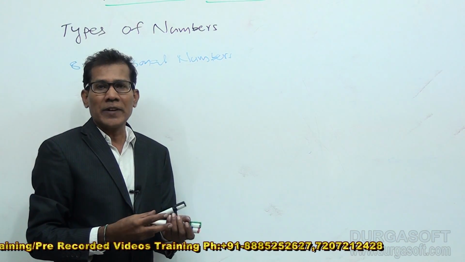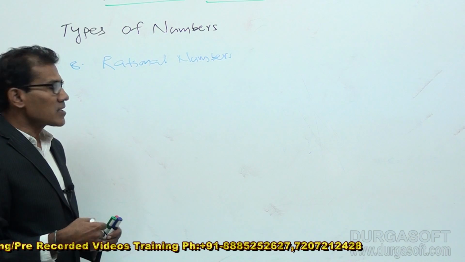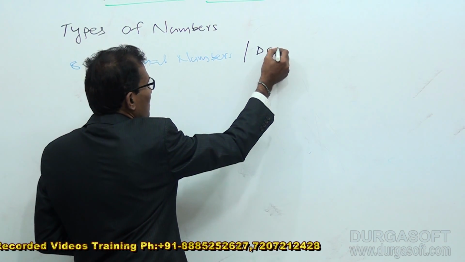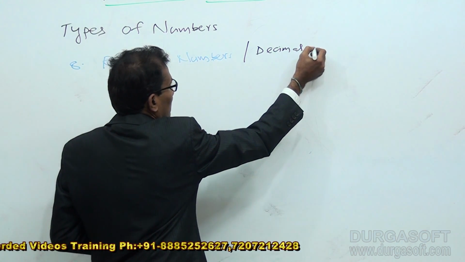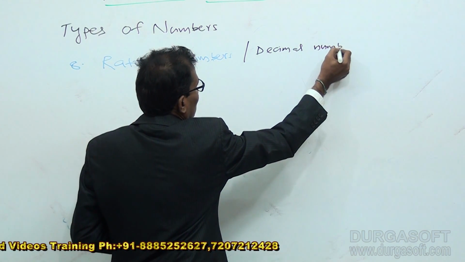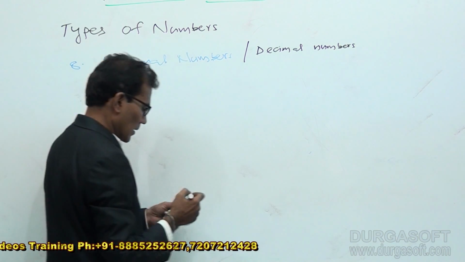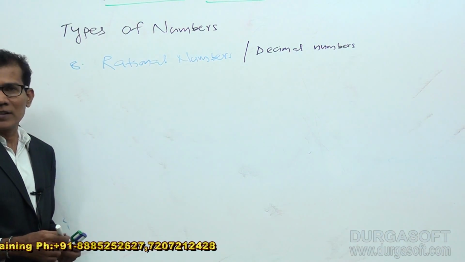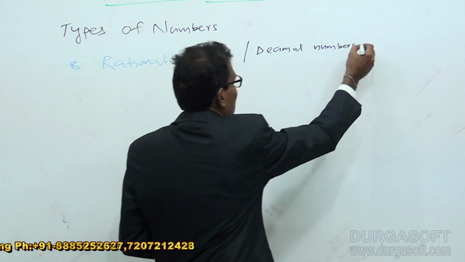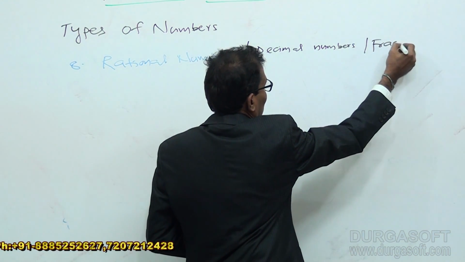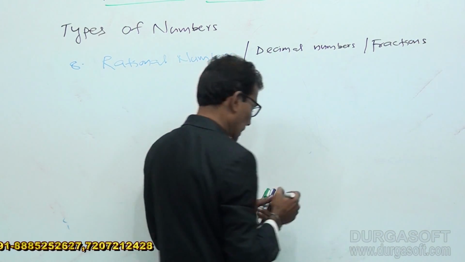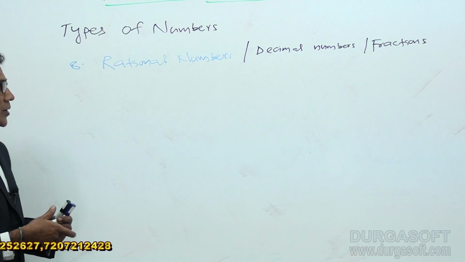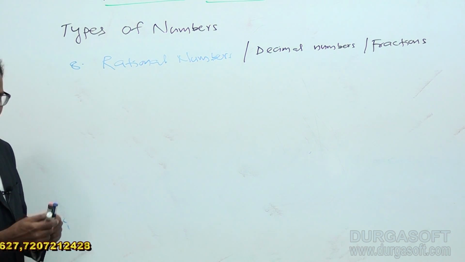It may be different, but in aptitude we consider rational numbers and decimal numbers the same, or we can say fractions also. The form is different, but all these are the same in aptitude. Rational numbers, decimal numbers, or fractions.